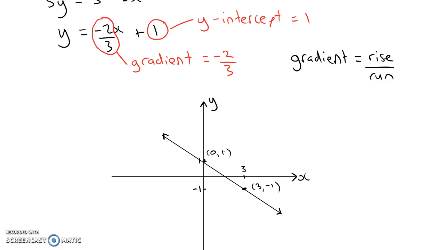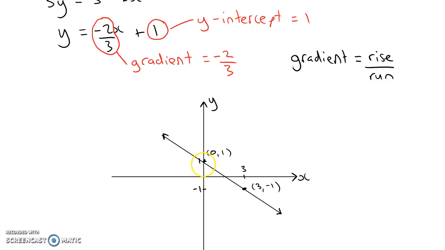Now, I've also asked you to find the x-intercept. In order to find the x-intercept, we need to solve the linear relation for when y equals 0. The reason why we do that is because when the line goes through the x-axis, the value of y is 0. In the same way, if we were to find the y-intercept, we could let x equal 0. We already know the y-intercept is 1 because we've got it in gradient intercept form, but if we were to solve it for x equals 0, we'd get y equals 0 plus 1.